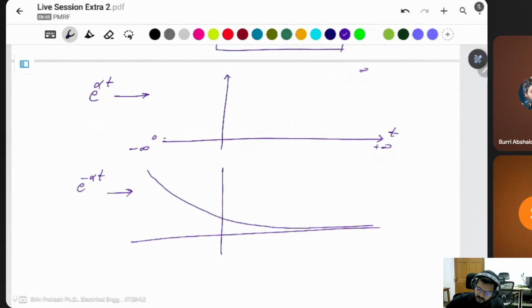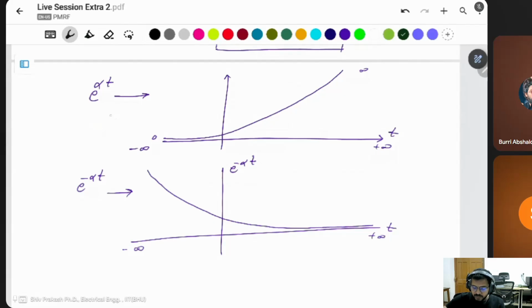Same thing here. If this is plus infinity, it will be 0. This will be minus infinity. E to power of minus alpha t: if the negative term is there, at infinity it goes to 0.